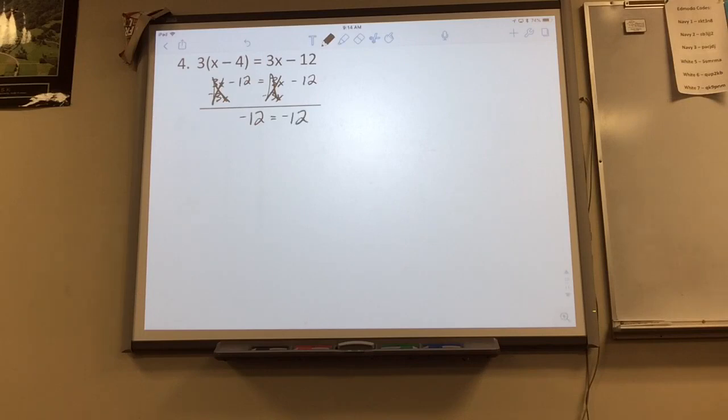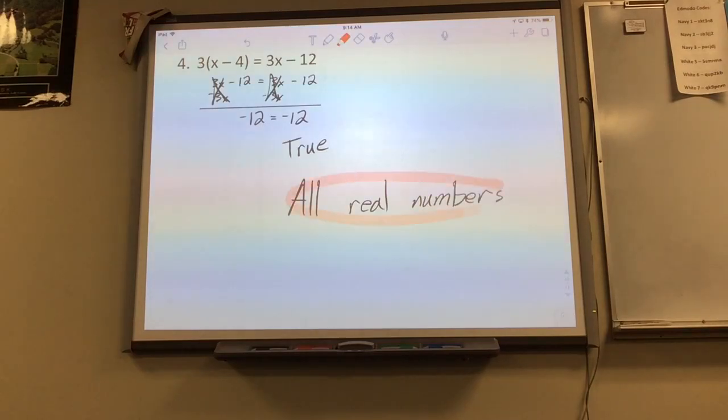If you scroll down to the next slide, it shows you what to put in that case, but this is true. If it's true, then your answer is all real numbers. That's something called an identity. So your answer is all real numbers if it equals.